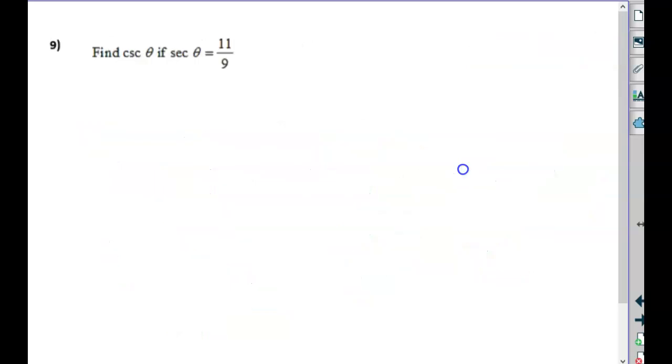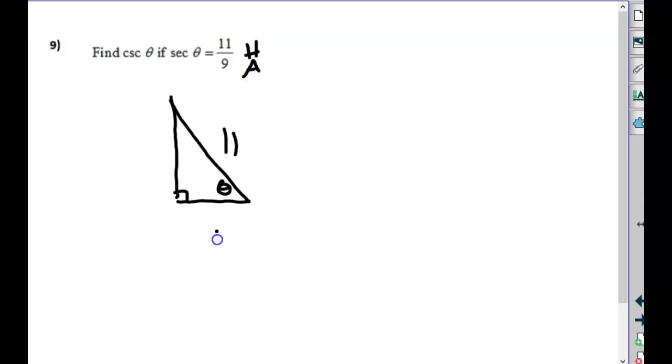All right, this one somebody asked about, and this is a good one to ask about. It does not say it's in any particular quadrant because we're still in the section on just plain old right triangles, okay? So the secant is the flip of cosine, so this is hypotenuse over adjacent.